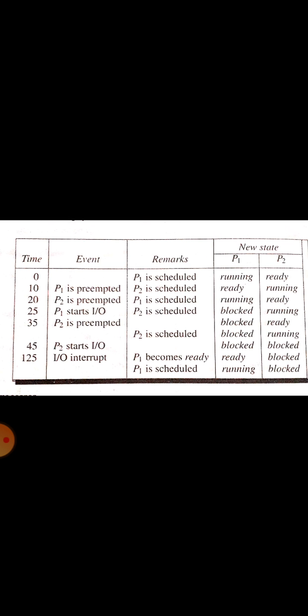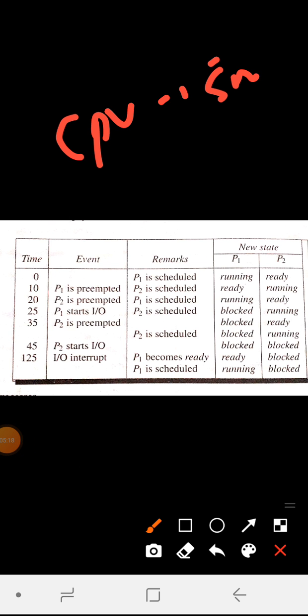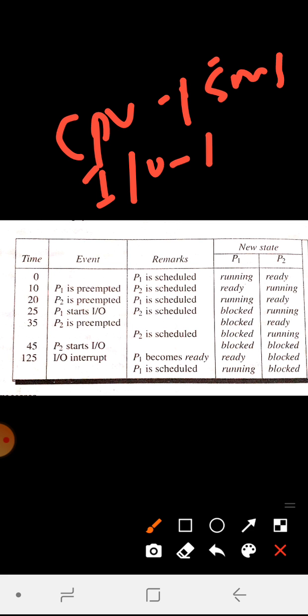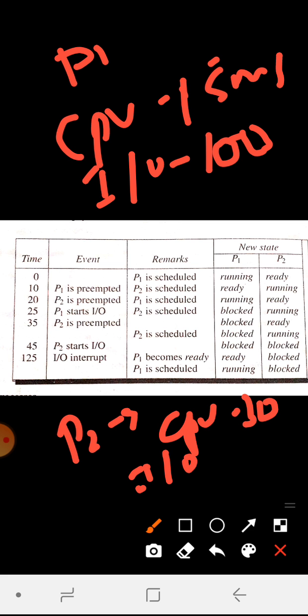Process P1 uses a CPU burst of 15 milliseconds and IO of 100 milliseconds. Similarly, program P2 uses a CPU burst of around 30 milliseconds and IO of around 60 milliseconds.